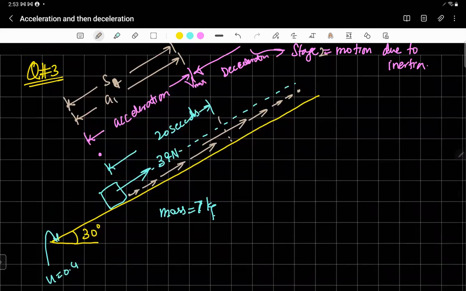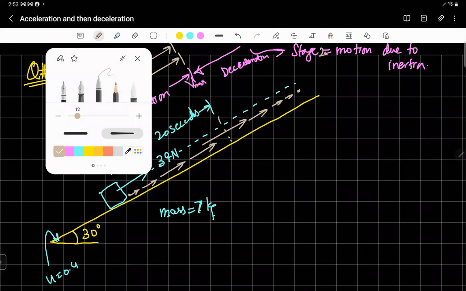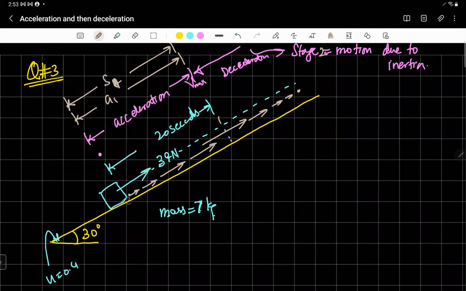The very first thing that we do is we show all the forces acting on it. So this is 7g cos of 30 degree. This is normal contact force.